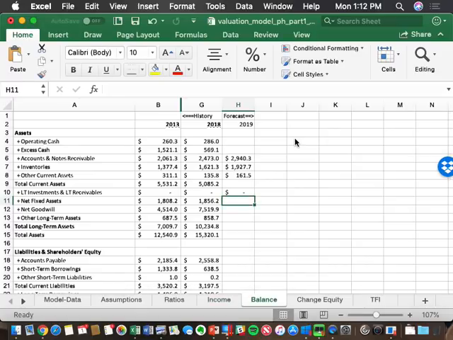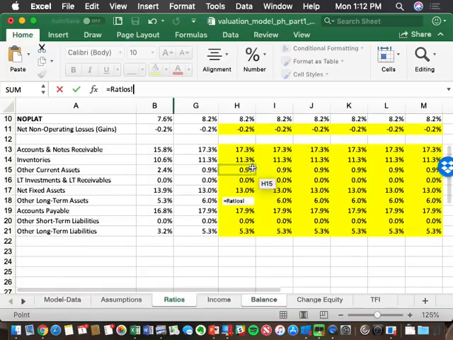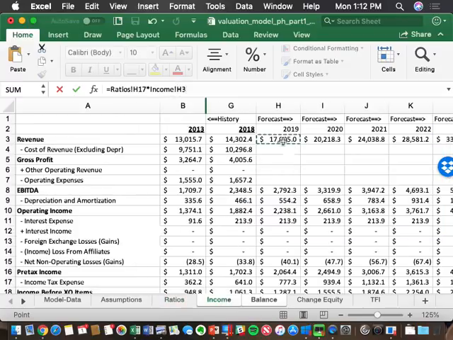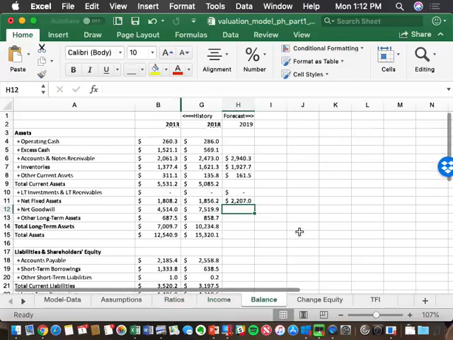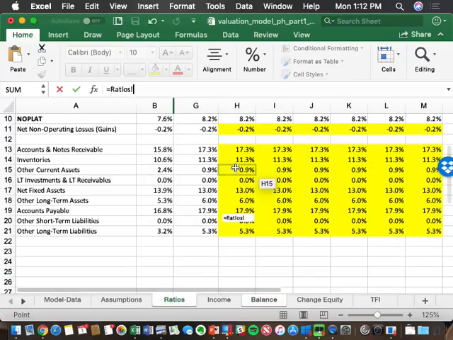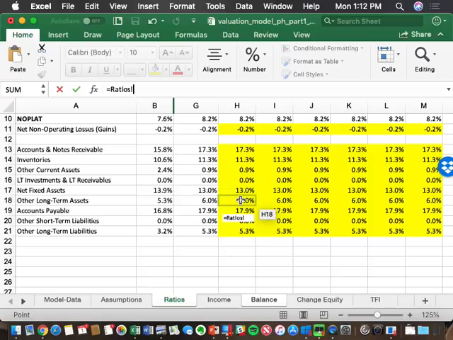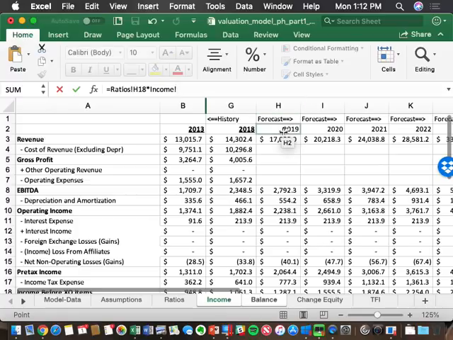Net fixed assets as a percentage of sales equals ratios, H17 times income, H3. Other long-term assets is the next one, equals ratios, H18 times income, H3.